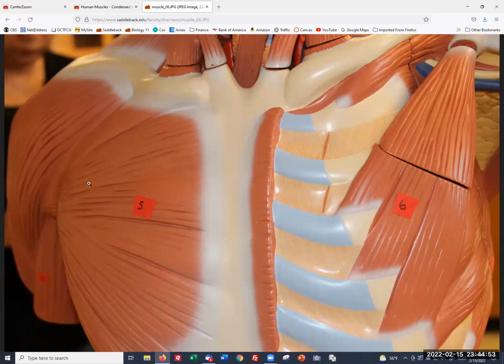And when the muscle pulls, it pulls against the humerus and rotates it forward across the front of your body. If we were to lift the pectoralis major, the pectoralis minor is underneath it, which attaches to ribs.